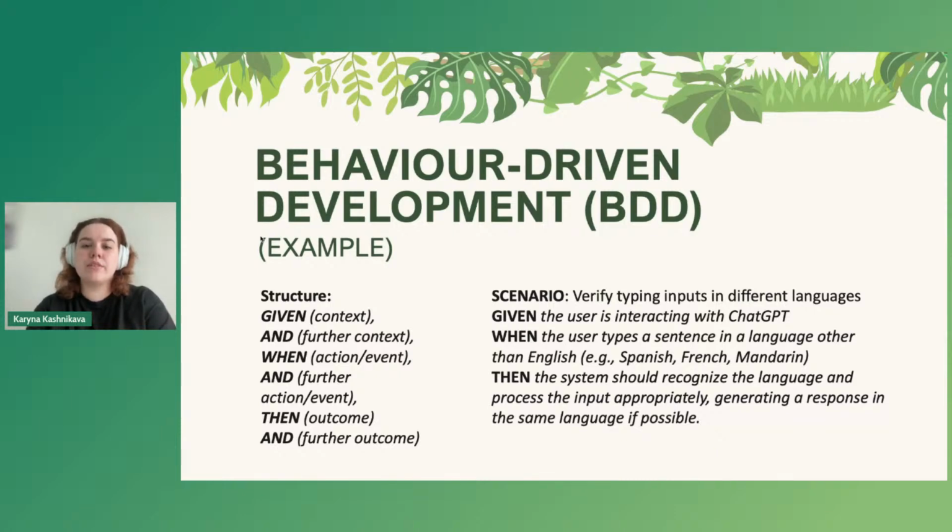And an "and" method is optional but can be used for formulating. And on the right side, you can see a simple scenario for verifying the input field in ChatGPT, if you want to make a request in a different language. So that's mostly all about the BDD approach, and we continue with the next.